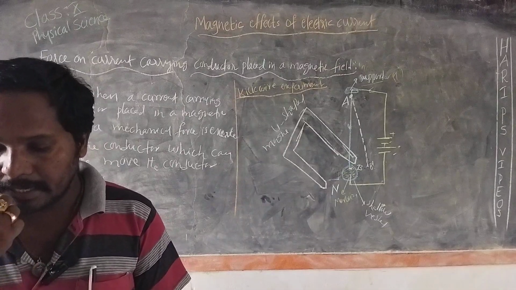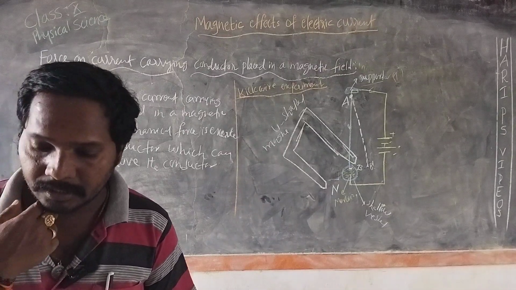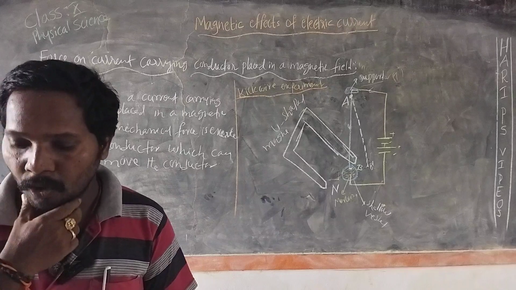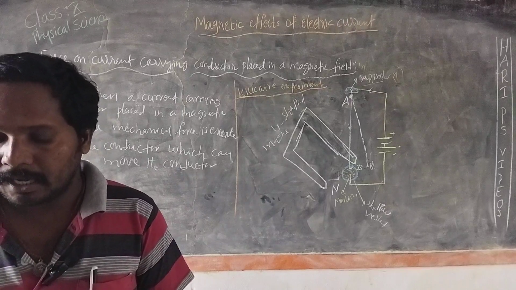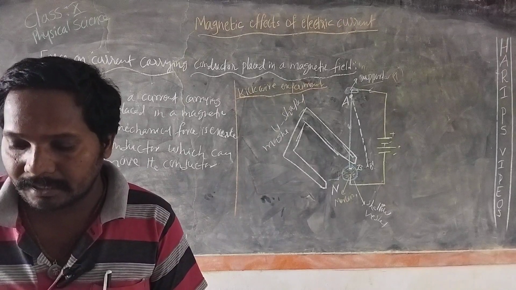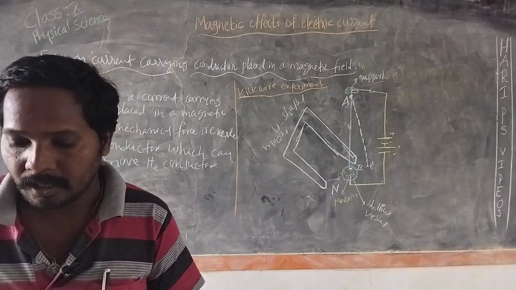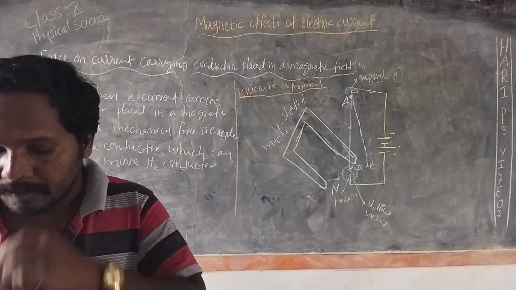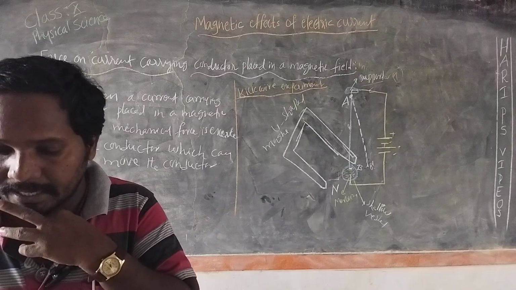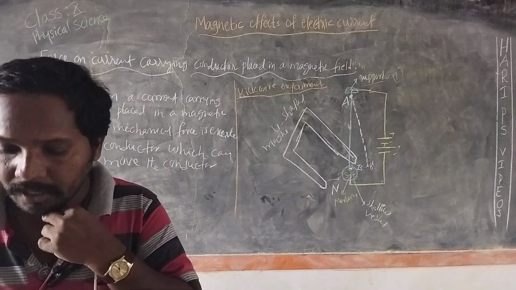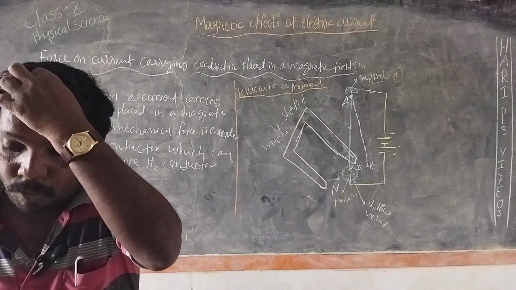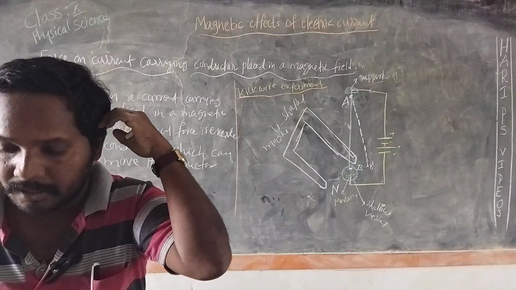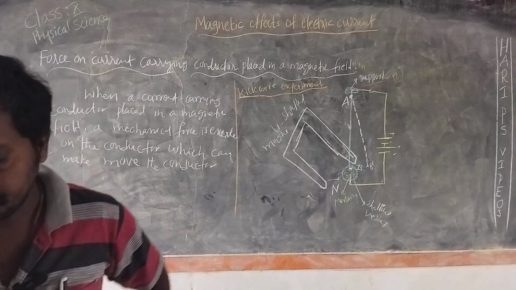Thus, the current carrying conductor is at right angles to the magnetic field. Now, we have just seen that the motion of the conductor is in the forward direction towards the south, which is at right angles to both the direction of current and the direction of magnetic field, since the direction of motion of the wire represents the direction of force acting on it.